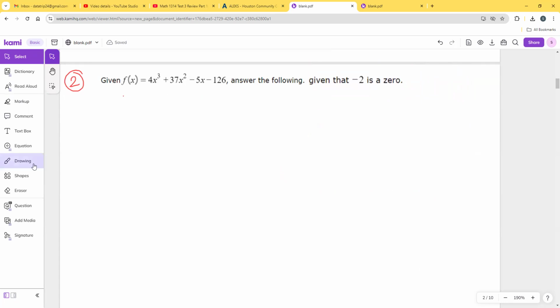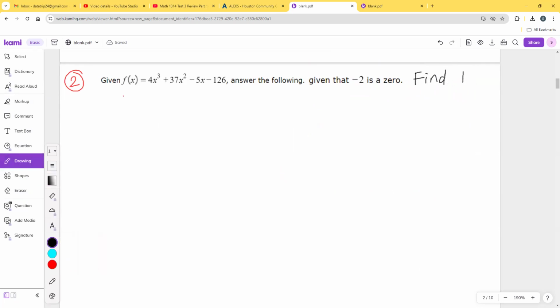So the question is, if -2 is a given 0, find the sum of all 3 zeros. We have a function given, and they're telling me that -2 is a 0. We're going to find the remaining 2 other zeros, and once we find them, we're going to find the sum of all these 3 zeros.